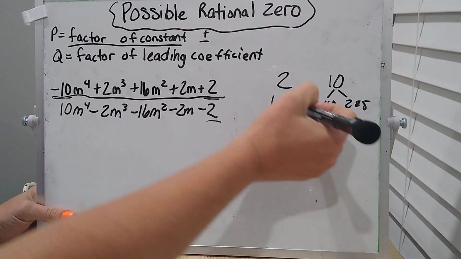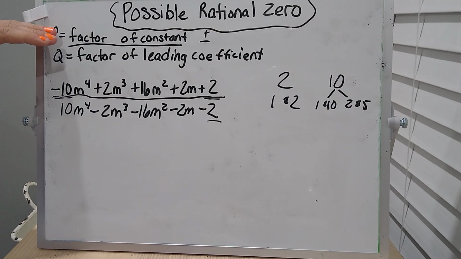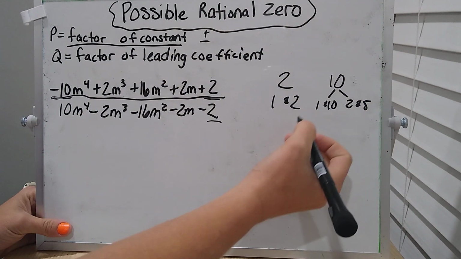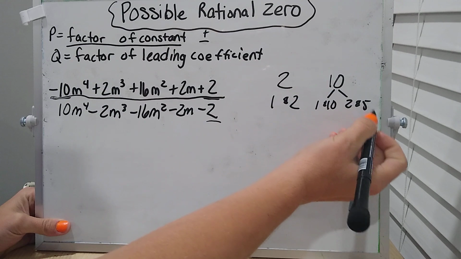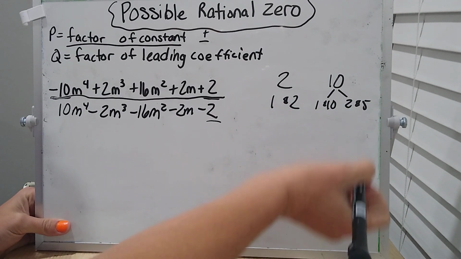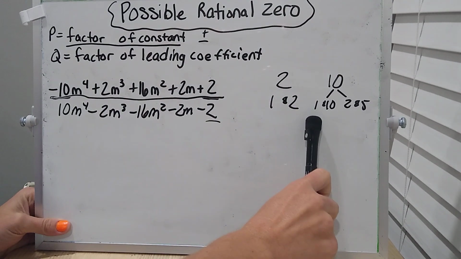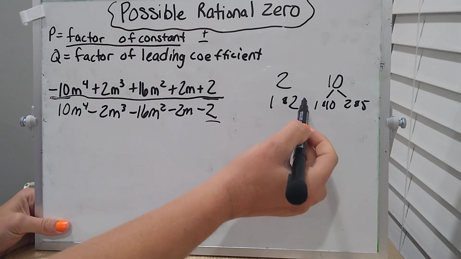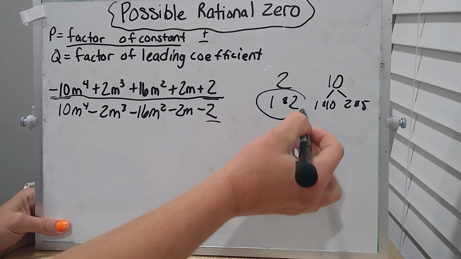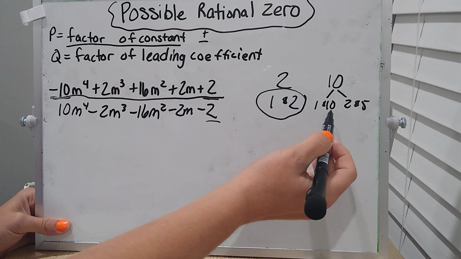So now that we have all our factors, this is what we're going to do. I'm going to put my constant over my leading coefficient, and I need to make sure that this constant goes over every single one of these. This constant goes over every single one of these. So this is what I like to do. I count up all my leading coefficient factors, so I've got 4. Now for my constant's factors, I need to write it that many times.